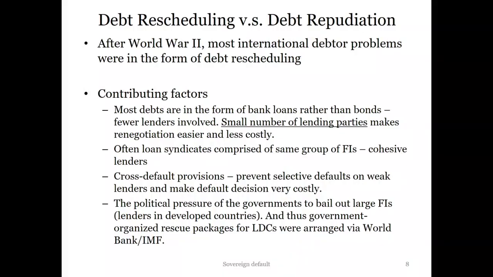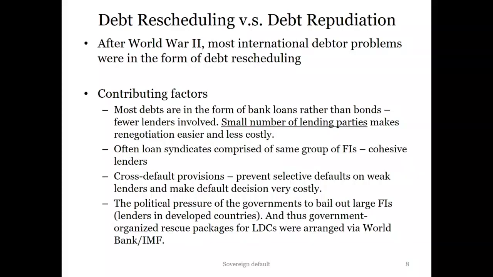And another thing is, because those loans are held by powerful banks, they are able to impose cross-default provisions on the loan agreement. A cross-default provision says if the country defaults on one loan, they automatically default on all of their foreign loans. The purpose of this provision is to prevent a dodgy government from selectively defaulting on weak lenders.